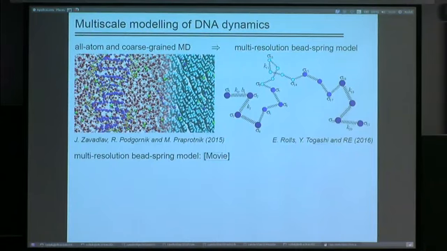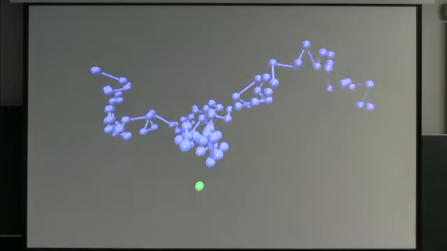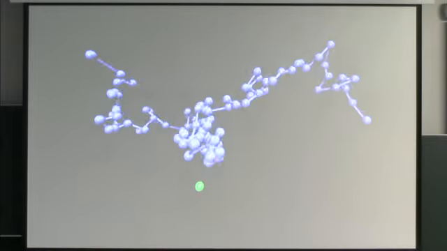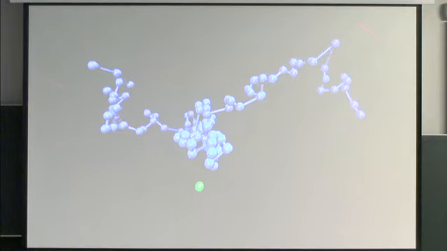It's just a video from this weekend, and I should mention this is the work of Edward Rolls. This is showing a very simple test problem for this type of multi-scale approach. This is just a bead spring model of a polymer, let's say a caricature of a protein, a transcription factor trying to approach DNA.